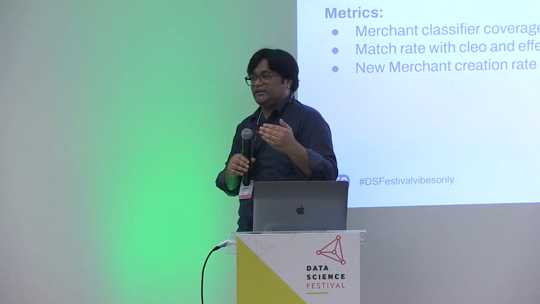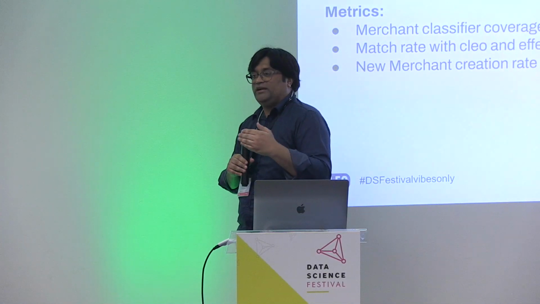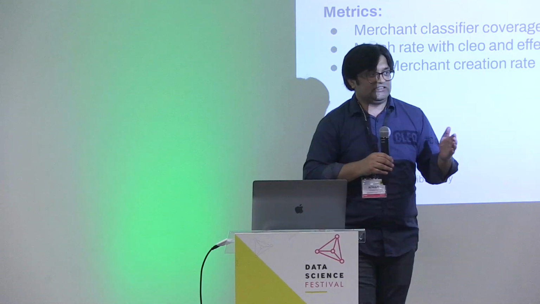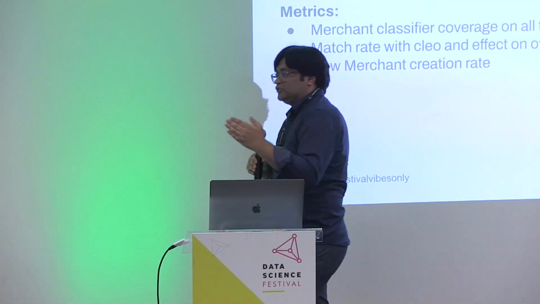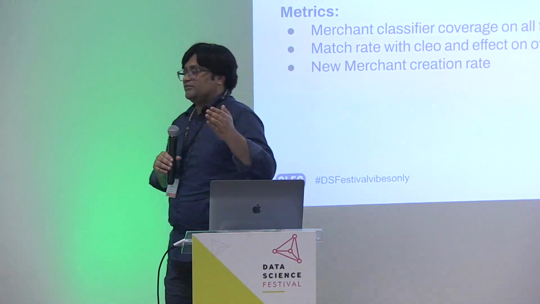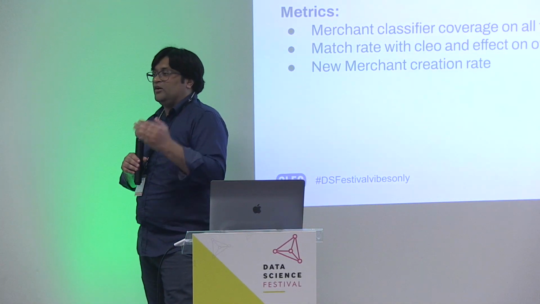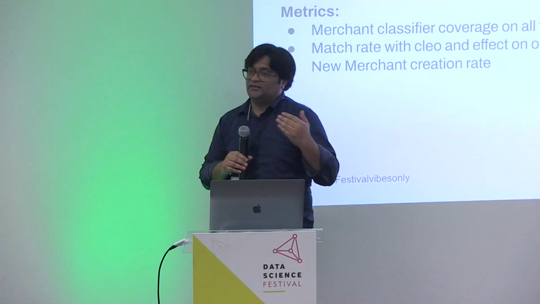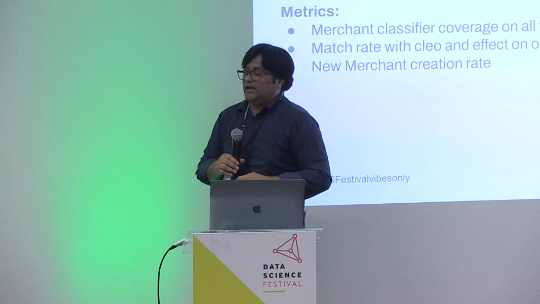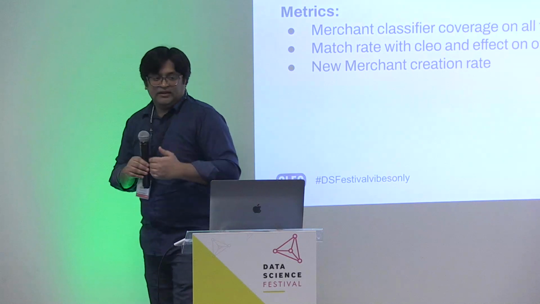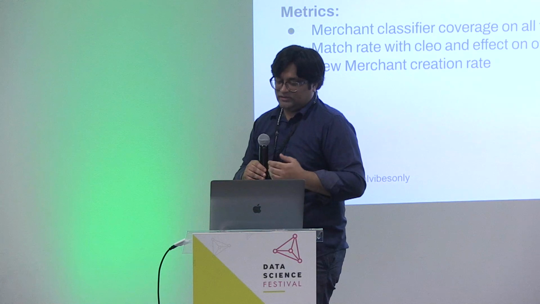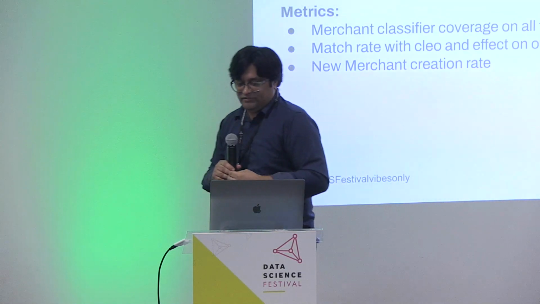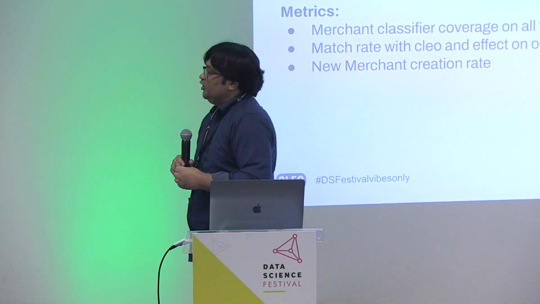After training a model, we are now testing it on offline data, because we already have data from the existing system, with lots of transactions with associated merchants over the last few weeks. We took this data, ran it manually through the newly built model and compared the results. We were looking at merchant classifier coverage on all the transactions, match rate and effect on overall coverage, and the new merchant creation rate.